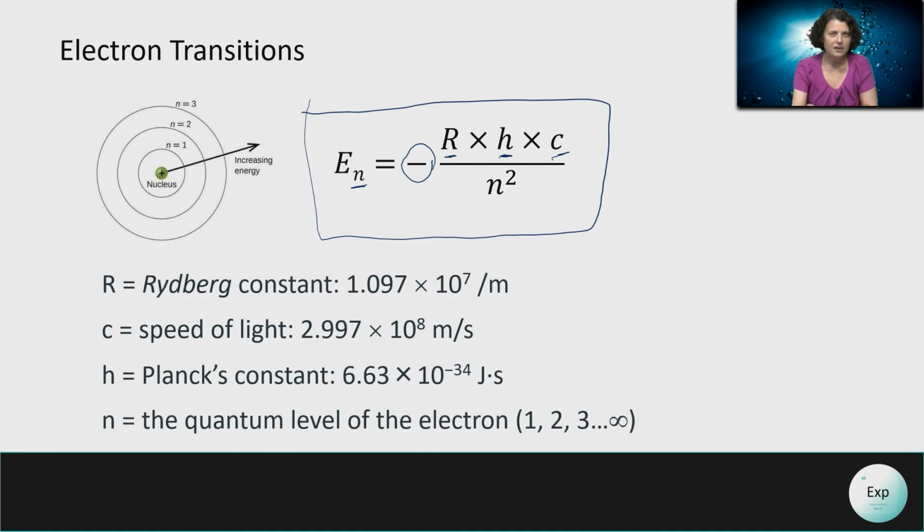These constants never change. The only thing that changes is the value of n. If we move from orbit 1 to orbit 2, the value of n associated with energy will change. It's simply going to be squared.